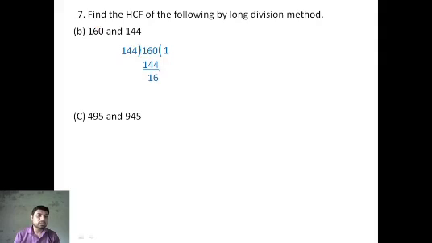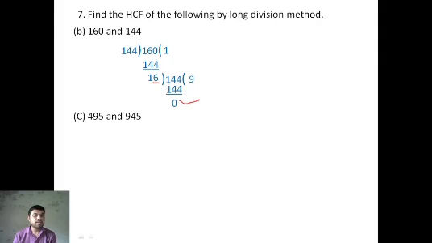Listen my dear students, after subtracting, what you get will be the new divisor, and the previous divisor will be the new dividend. Is it clear? This is very important. Now look here, 16, count the table of 16, it will be 9 and you will get 0, so then stop.